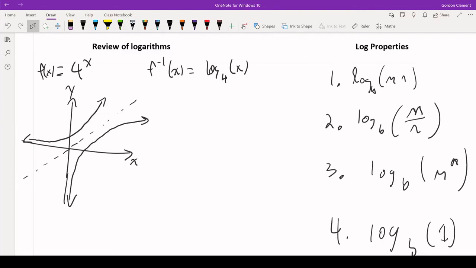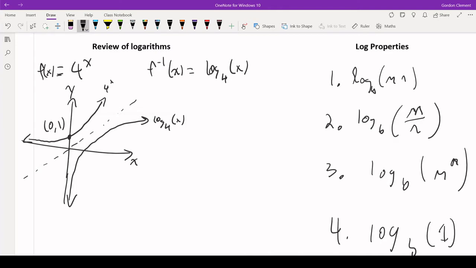So the exponential graph has a horizontal asymptote on this side. When it flips and you interchange the x and y's, that ends up being now a vertical asymptote at x equals 0. And then this point on any b to the x graph is the point 0, 1.